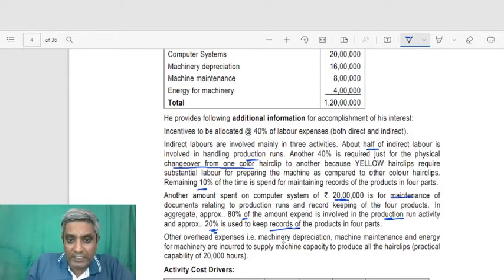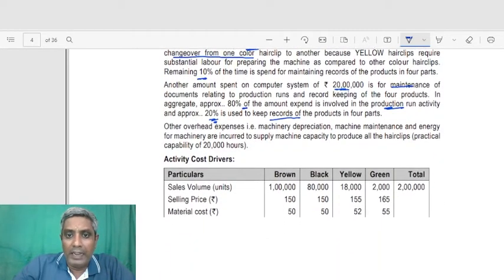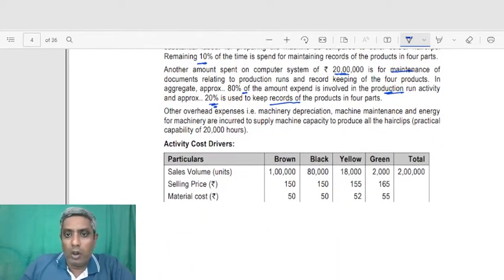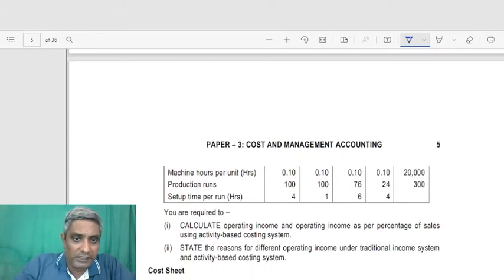The other overhead expenses, that is machinery depreciation, machine maintenance, energy and other things, are all incurred to supply the machine capacity and to produce all hair clips. Practical capacity is 20,000 hours, one indication. Sales volume in units is given, selling price is given, each variable cost element is given, machine hours are given, production runs are given, and setup time is also given.